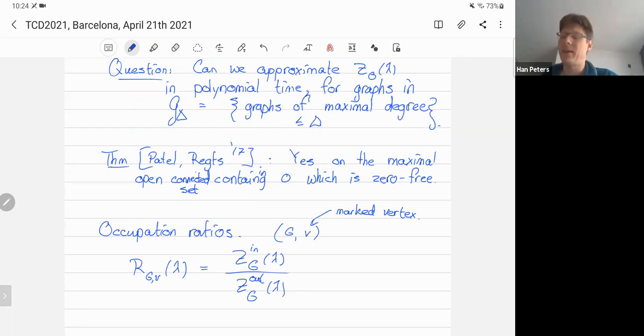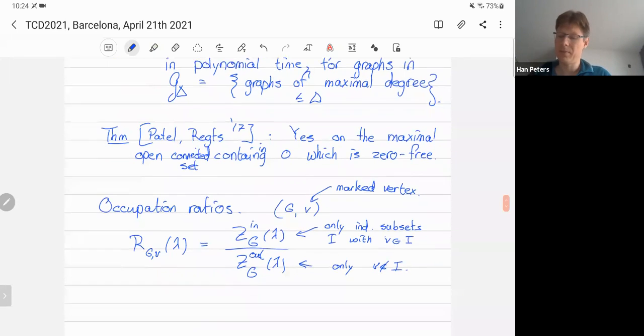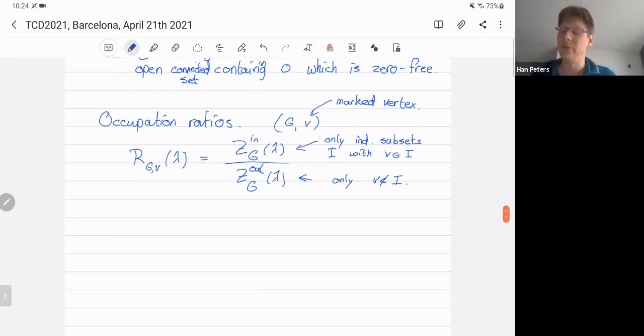It's sort of the probability that my point absorbs an atom. Here I only consider independent subsets I where the marked point lies in I, and here only subsets that do not contain the point, right? So the terminology in and out comes from that definition. So this is a rational function.